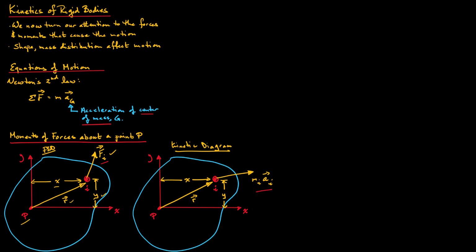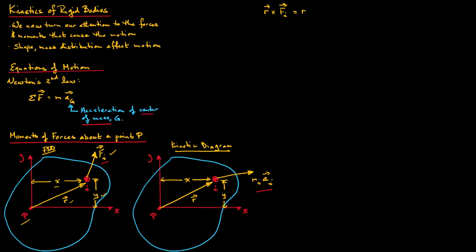Okay, so let's write this out mathematically. What we have is an external force, Fi, causing a moment about an axis passing through point P. And that moment arm is defined by the position vector r. So this r crossed with Fi is the moment due to Fi.